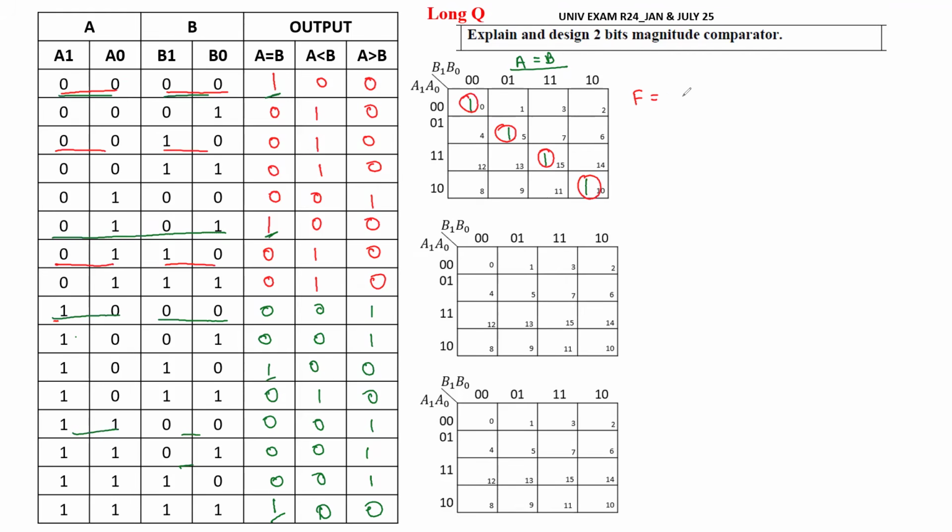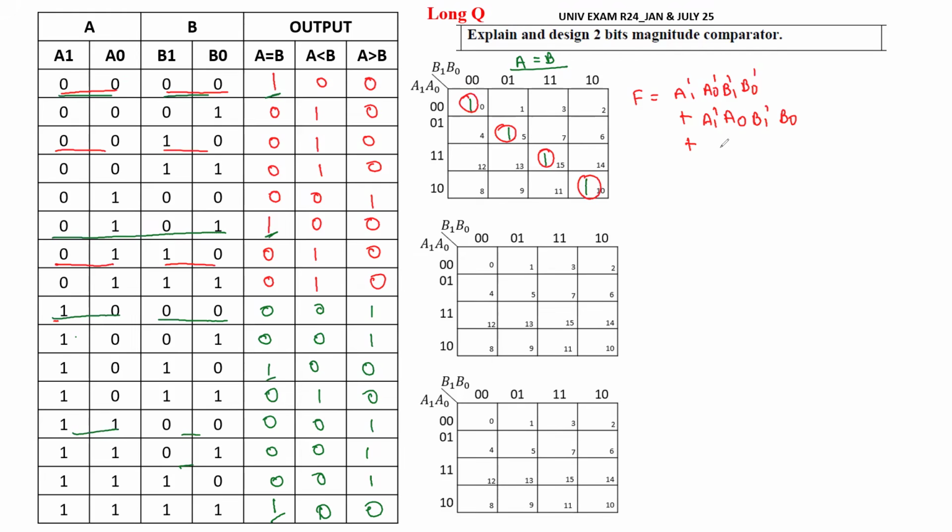F equal to A1 dash A0 dash B1 dash B0 dash, plus second one A1 dash A0, and here we have B1 dash B0.